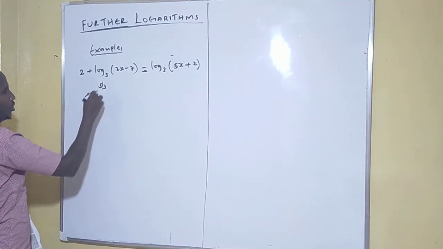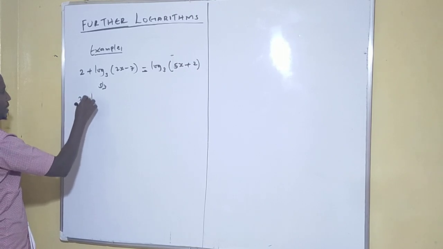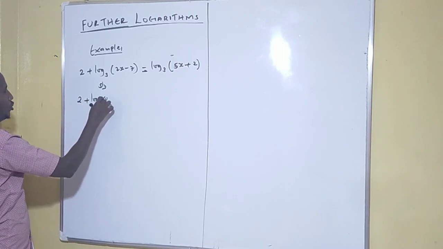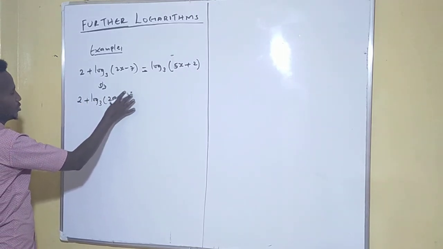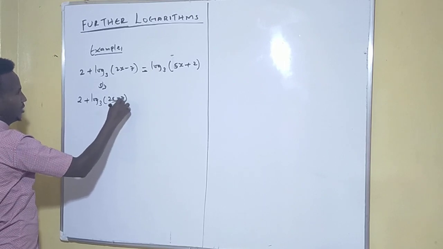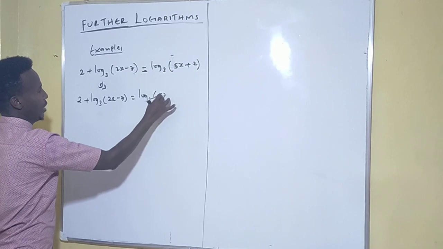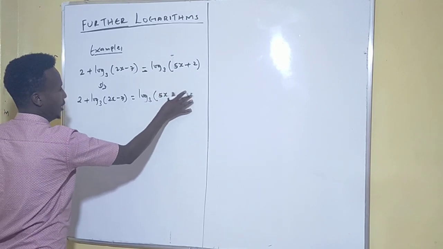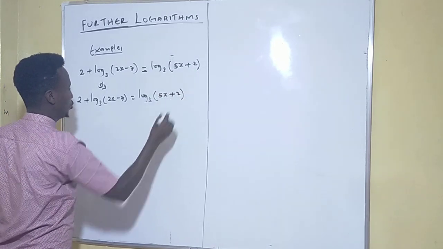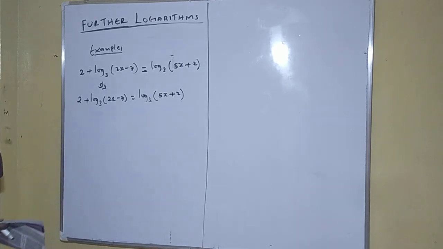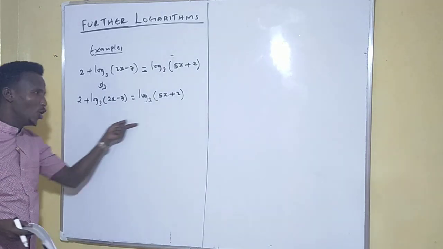Come to the solution. We have 2 plus log base 3 of (2x minus 7) equal to log base 3 of (5x plus 2). Now, this is a whole number, and it has to agree with the log base 3.